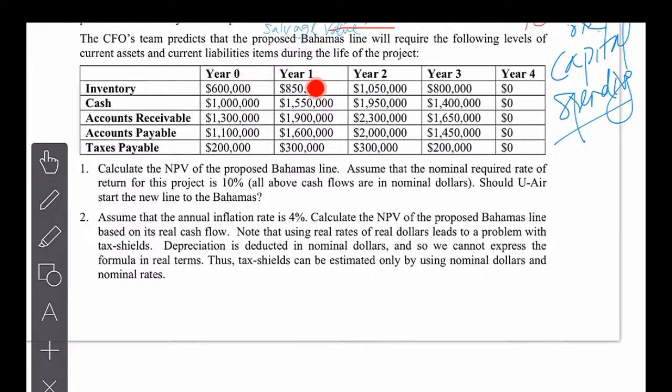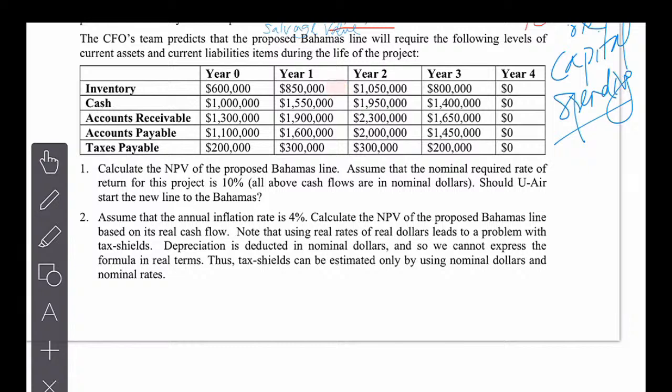So these are all not equipment, but things that we use to conduct our operation. So $600,000 upfront is needed. So this is year 0, so that's just like right away, right? That's if you think of your timeline.